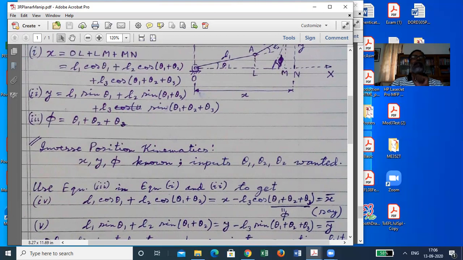And now you see the solution is troublesome in the sense that you could give any theta 1, theta 2, theta 3 values and you would get some x, y, phi clear cut without any ambiguity. That is not so now, because now these are nonlinear equations.